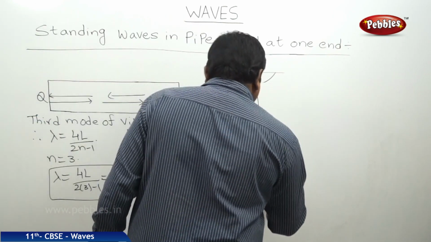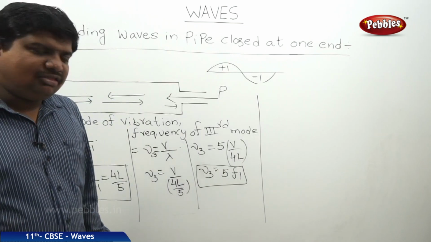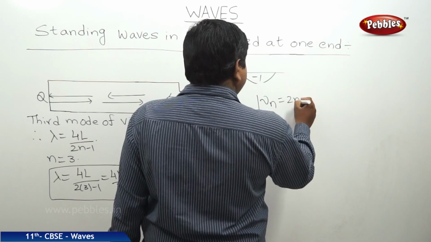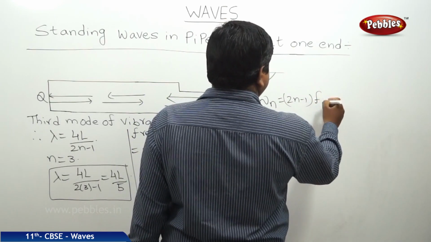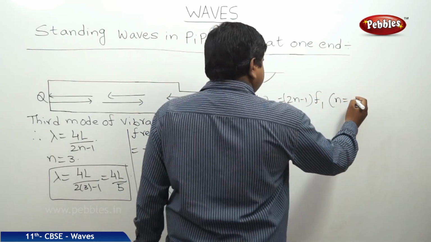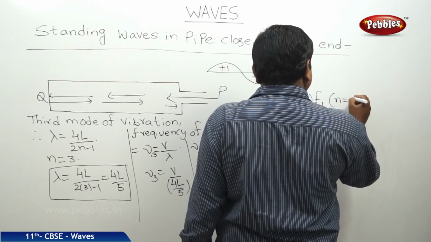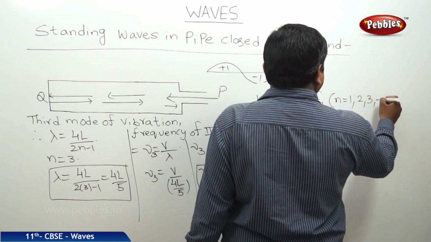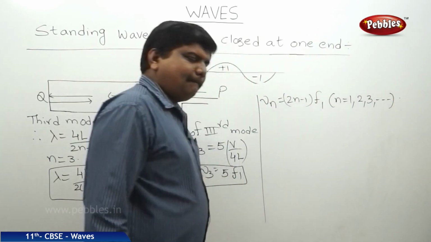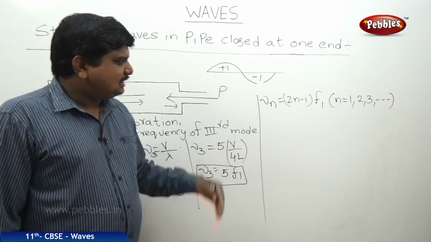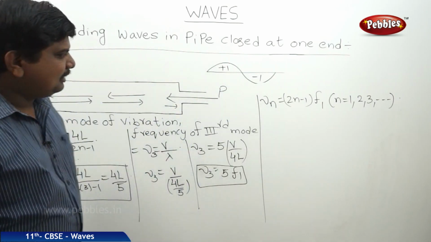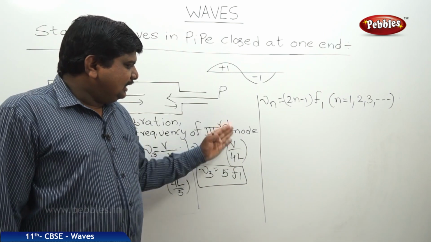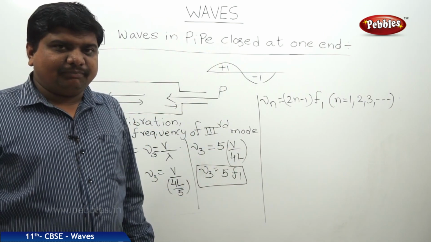Therefore, we can write, what about the nth mode? 2n minus 1 f1, where n is equal to 1, 2, 3, etc. So like this we can define the fundamental mode of vibration, second harmonic and third harmonic in case of the one end open pipe.